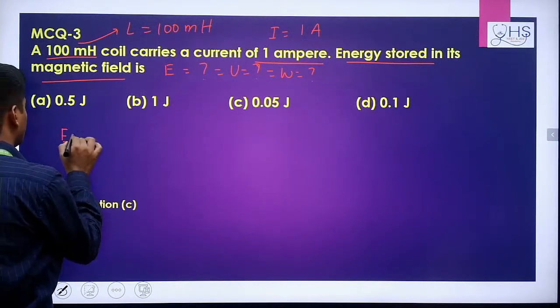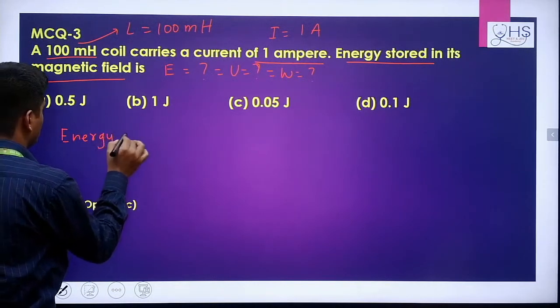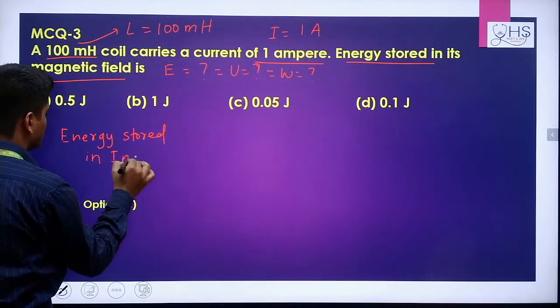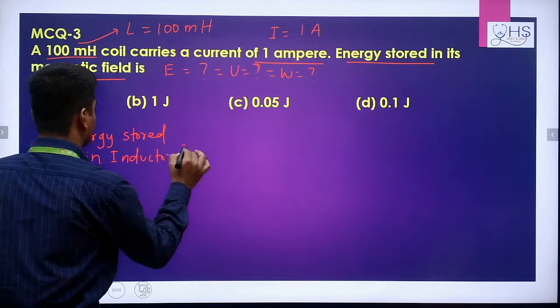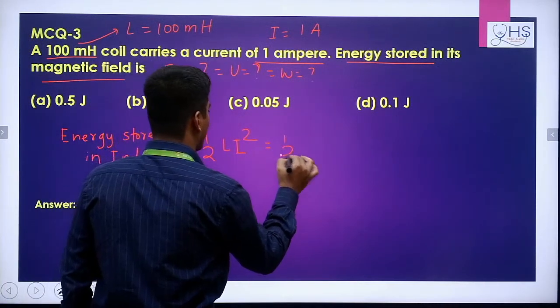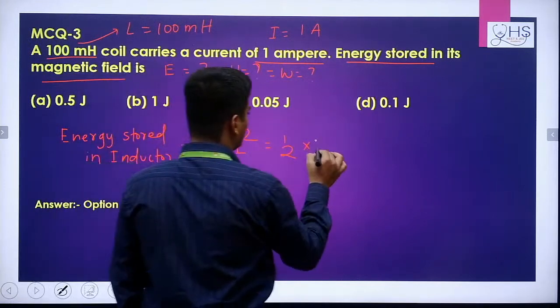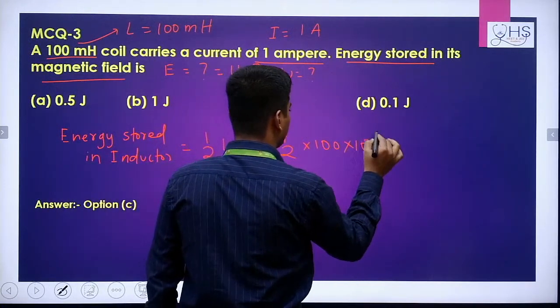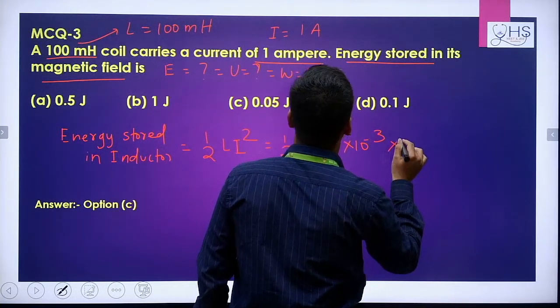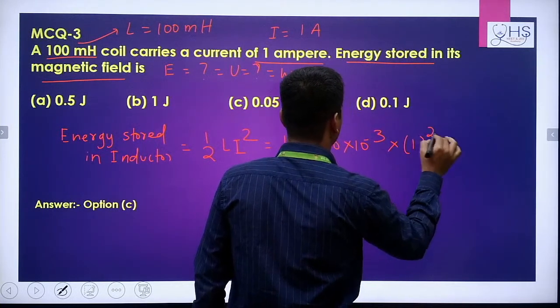What is the energy stored in an inductor? Last class I already told. Energy stored in an inductor is basically half L i square. So half into the L value, 100 into 10 to the power minus 3, and I is basically 1 ampere, so it is 1 square.